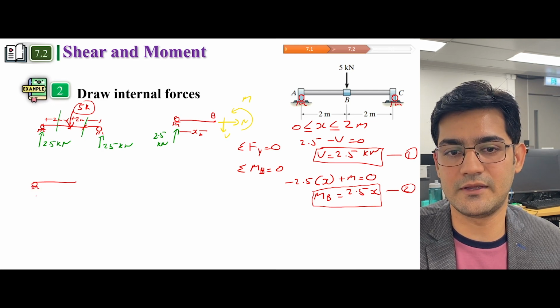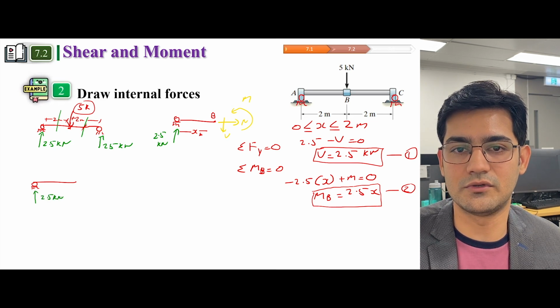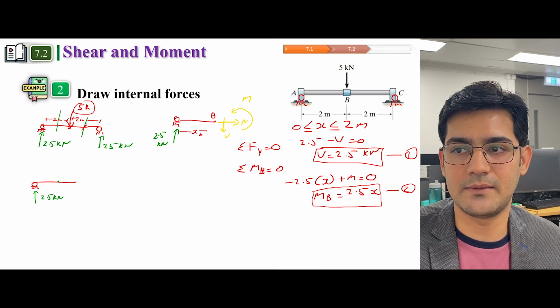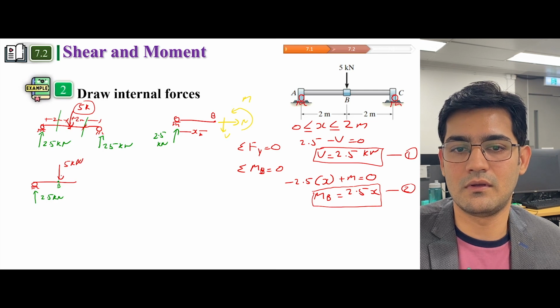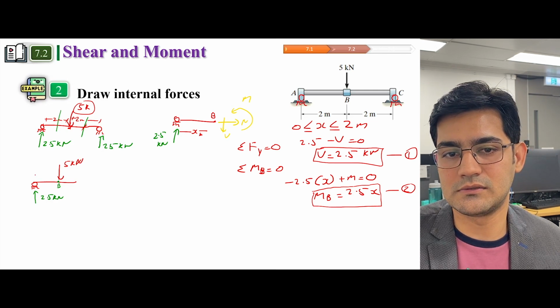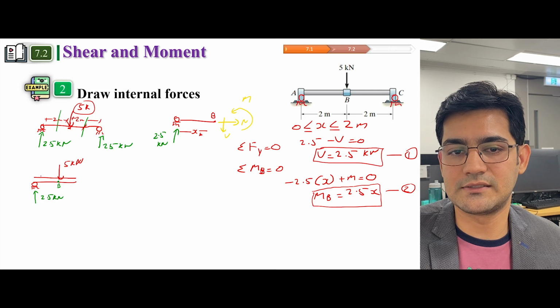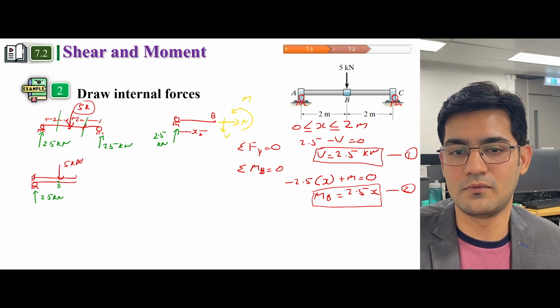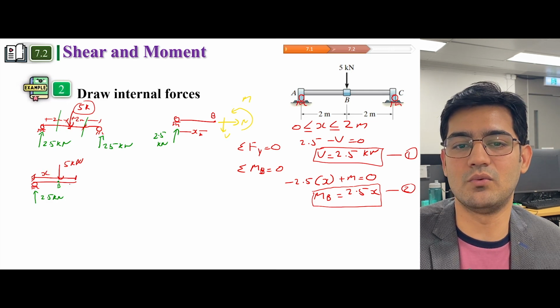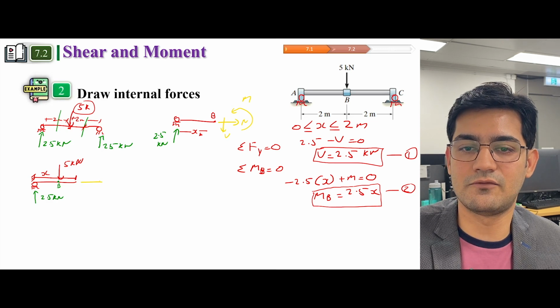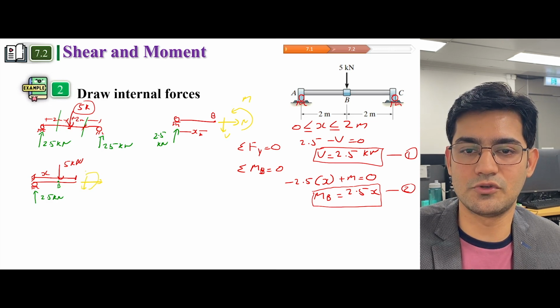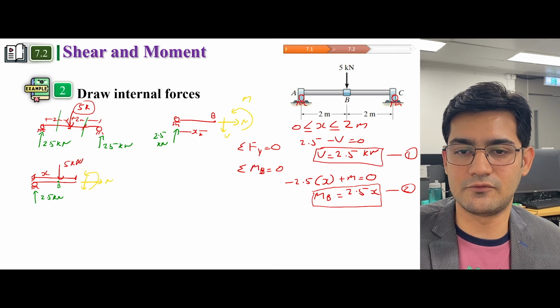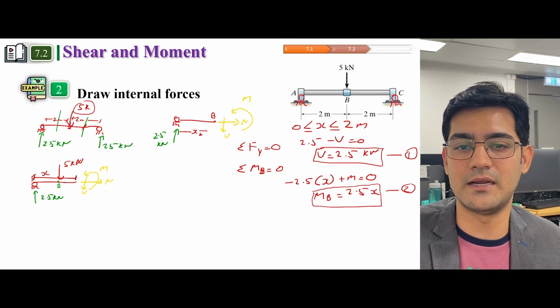I have a reaction force which is 2.5 kilonewton, this is point B, and I have an action force which is 5 kilonewton, and now I will assume x from here to here, and this is the value x, and the internal forces are exposed accordingly: this is the force N, this is the shear force, and this is the bending moment.